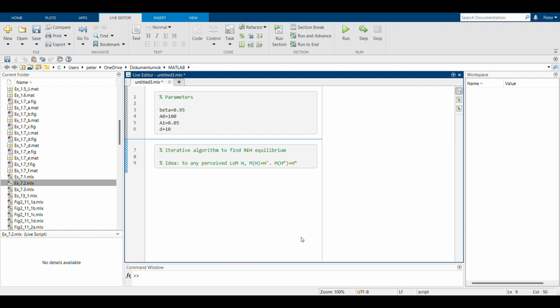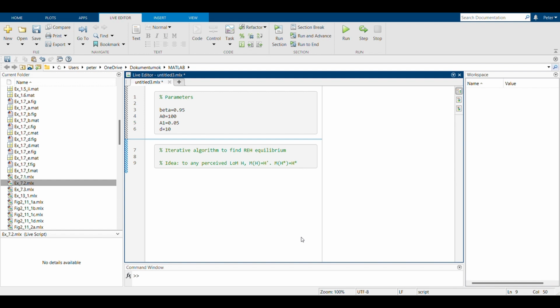So our iteration will be based on this idea. We will make an initial guess as a perceived law of motion. In each round of the iteration, we will calculate an actual law of motion, and we will compare the belief function and the actual law of motion.